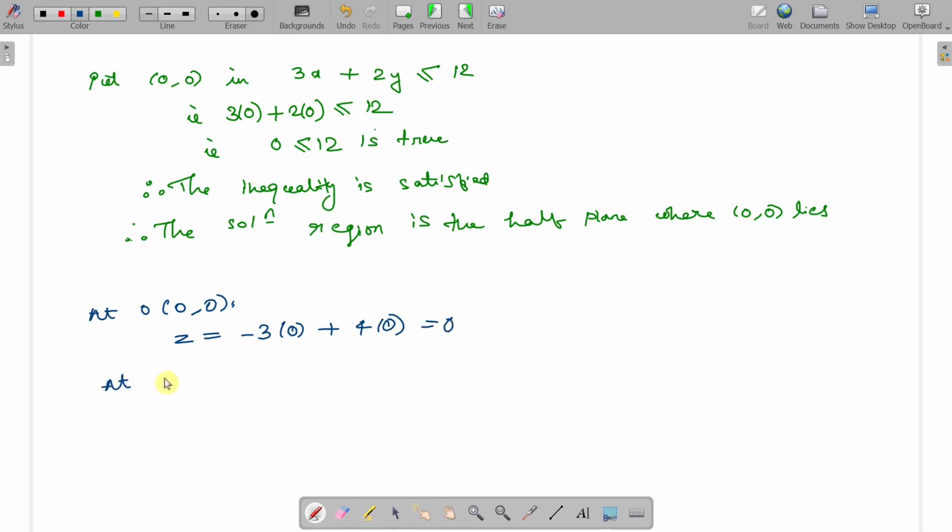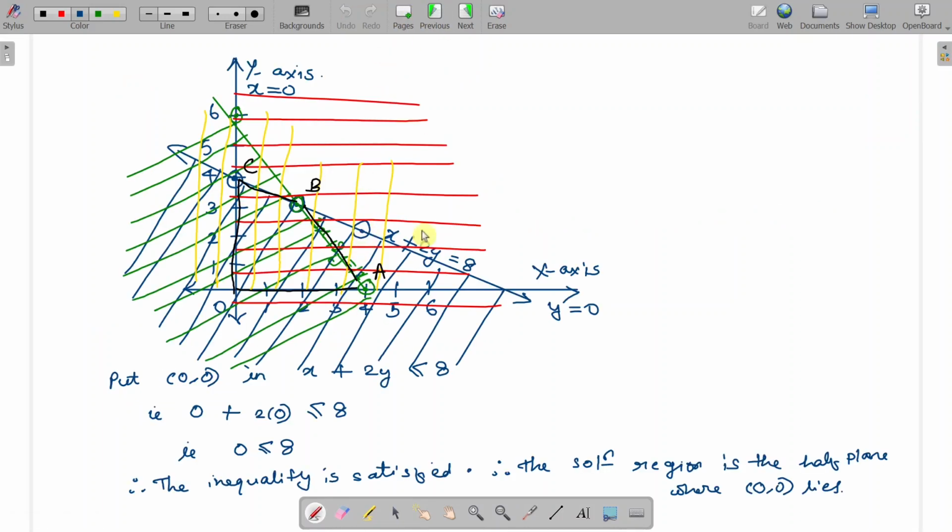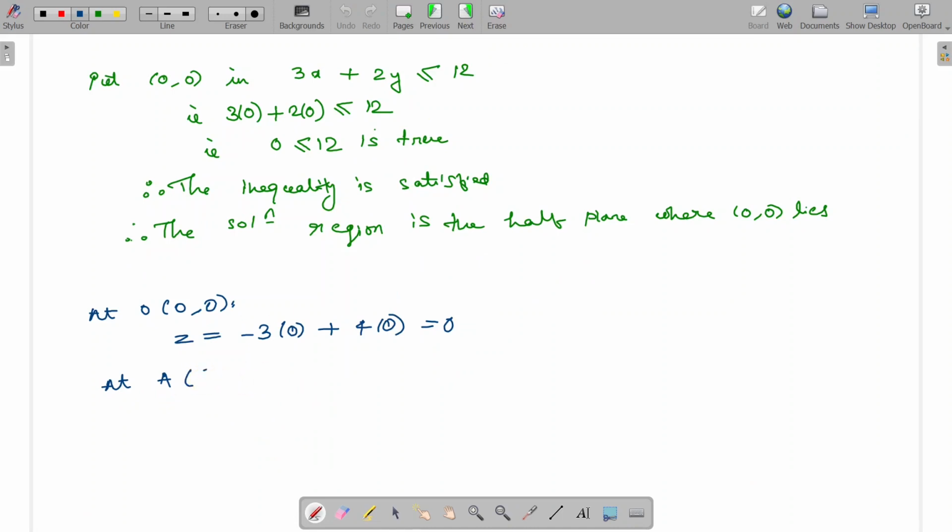Then at A, which is 4 comma 0, z is nothing but minus 3 times 4 plus 4 times 0, that is minus 12.